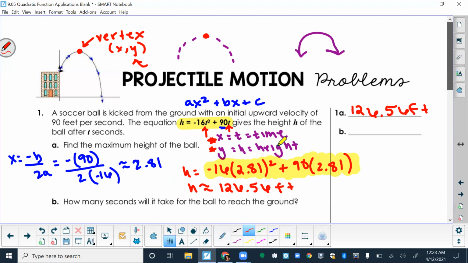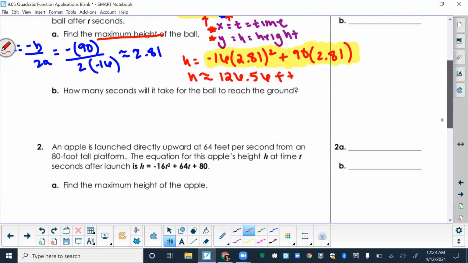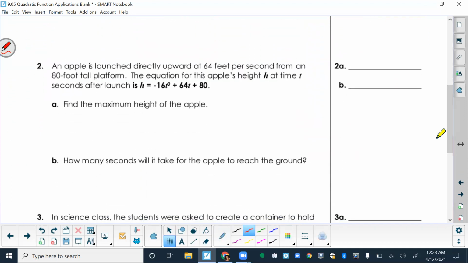So when you see problems like this, what is the maximum height of the ball? Well, what I'm asking you is, what is the y value of your vertex? So if you want to make a note like that for these other ones, what's the maximum height of the apple? We're looking for the y value of the vertex.